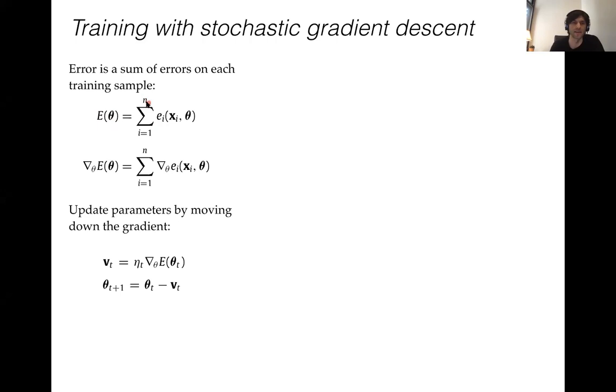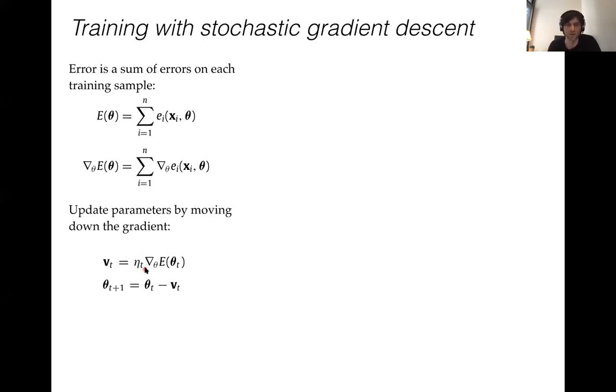So our training data, there are n samples, and there's an error that we might have on each. So we can get the gradient by summing up the gradients on every individual sample. And once we have that, we can change our parameters against the gradient. We move downhill, and how far we move is proportional to the gradient, and we choose a step size.